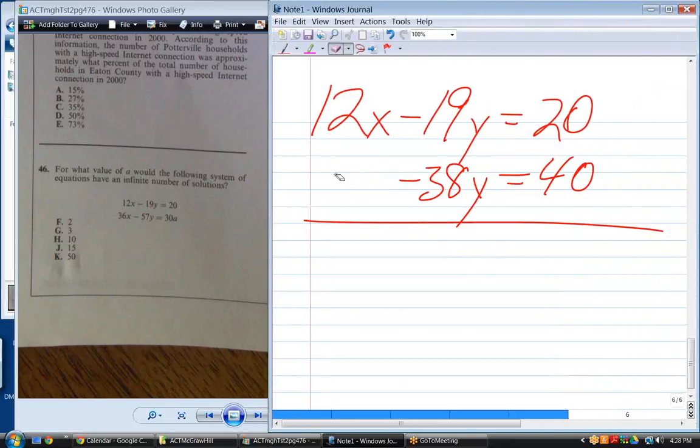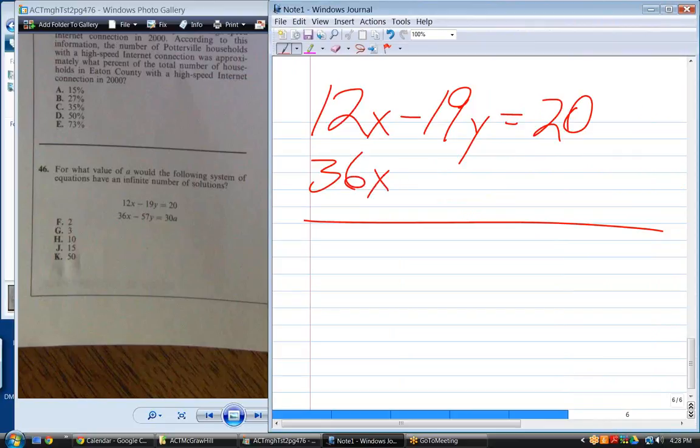Well, notice what they're asking here. The second equation looks very close to the first equation, does it not? Except, what would this number have to be so that it's the same equation? 60. 3 times 20. Because this number is 3 times that, this number is 3 times that.